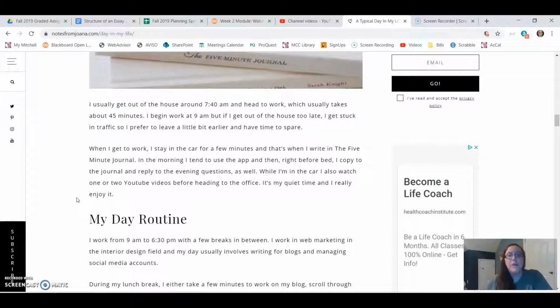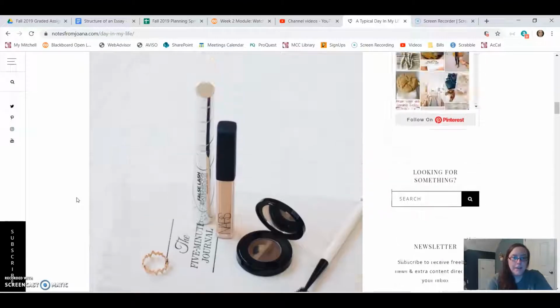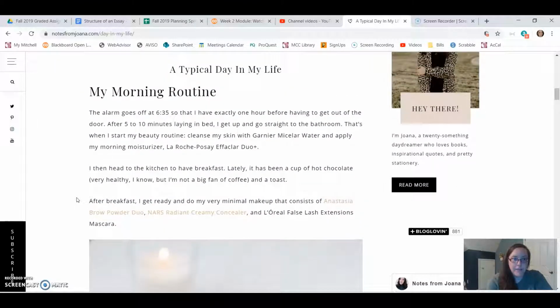So the problem with this is that there's really no focus. Yes, she's talking about her morning, but she's breaking this up into, what is this, about 5 different paragraphs of various sizes. She's just kind of stopping at her various routine points and not really elaborating and developing.